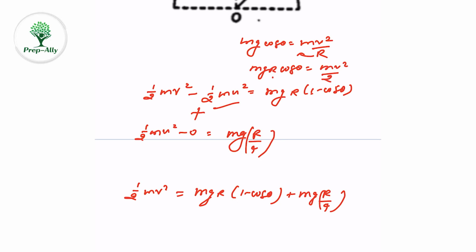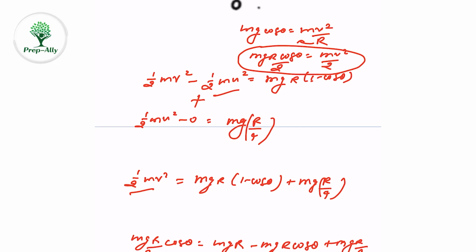So from here we have mv square, and then we can replace it here. We got mgr by 2 cos theta is equal to mgr minus mgr cos theta plus mgr by 4.